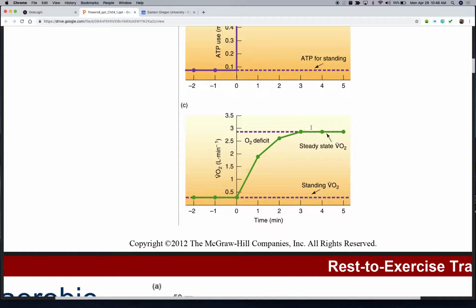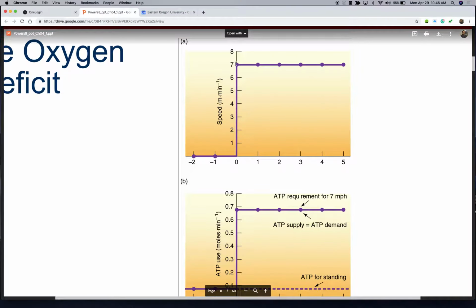Yet I'm capable of going from 0 to 7 miles per hour immediately, right? Even though I haven't gotten my VO2 consumption up to 3 liters per minute. And I can't sit and get my oxygen consumption up to 3 liters per minute, then take off running and meet it all oxidatively.